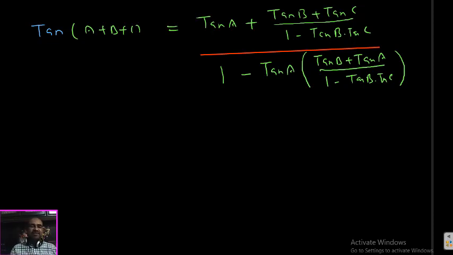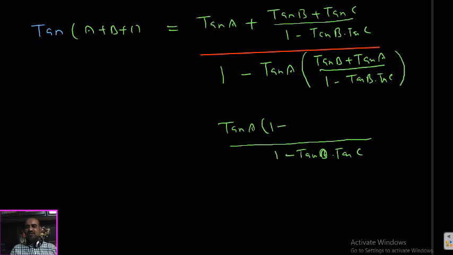Okay, now I want to take the LCM in numerator and denominator, that is 1 minus tan B into tan C. So what will we get in the numerator: tan A times of 1 minus tan B into tan C plus tan B plus tan C. Numerator completed.